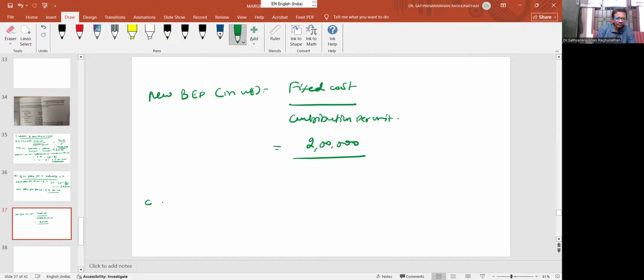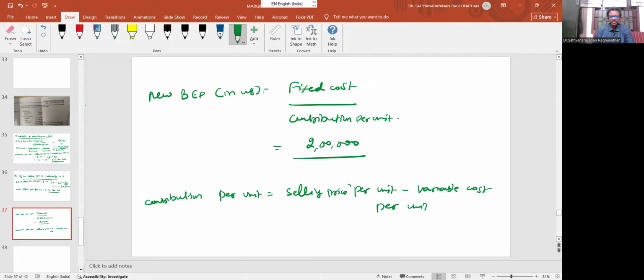Now, contribution per unit is equal to selling price per unit minus variable cost per unit.